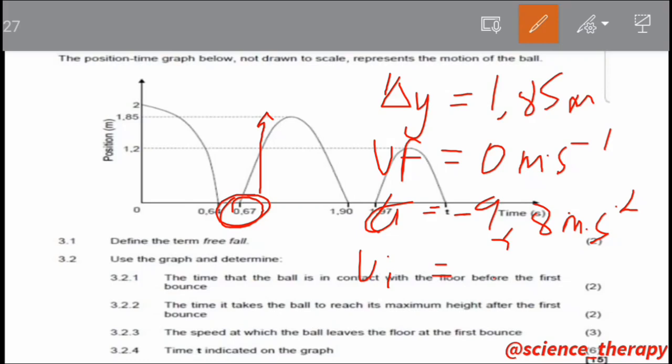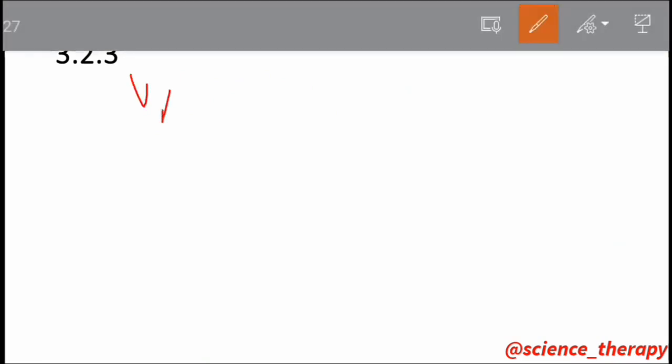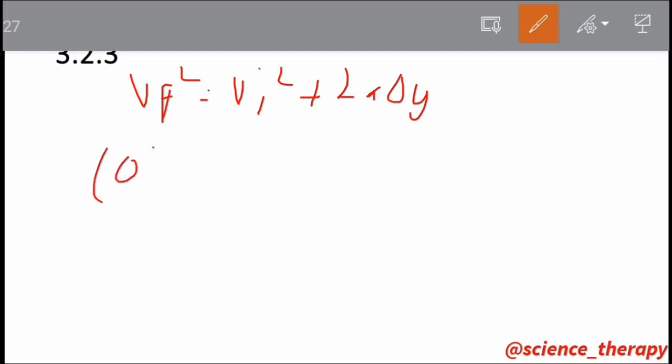Having all that, the formula we can use is vf squared equals vi squared plus 2a delta y, right? Then what do we have for our vf? It's 0 because it reaches the maximum height.